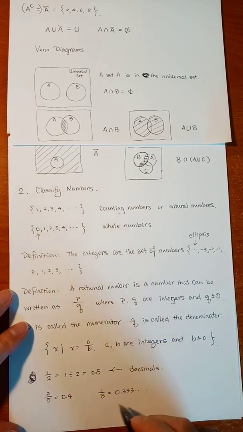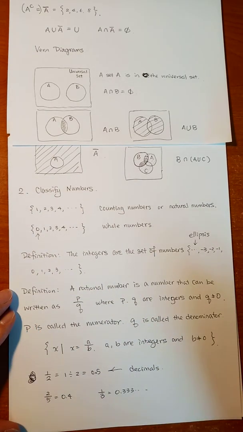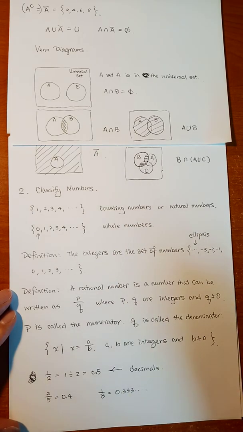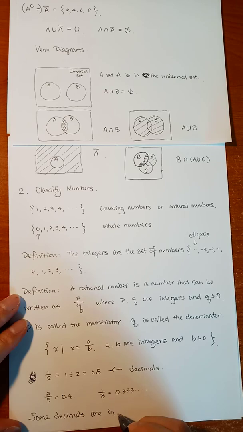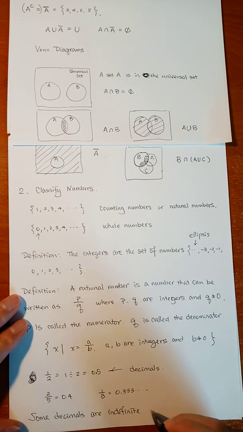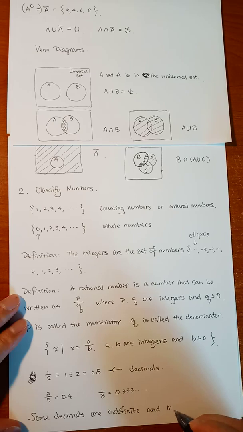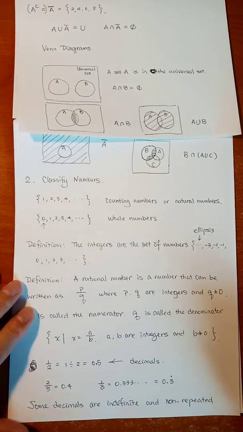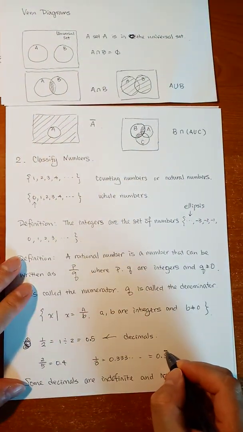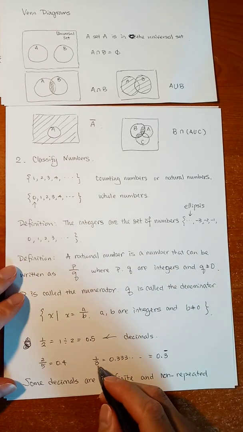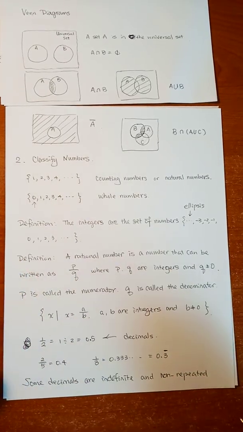And sometimes some decimals are indefinite and non-repeated. For repeated ones, remember, we had a way to represent it: we use a bar. So 1 over 3 is 0.33 repeated.